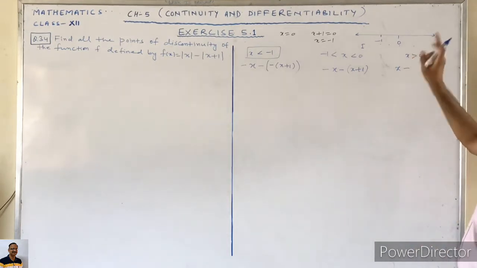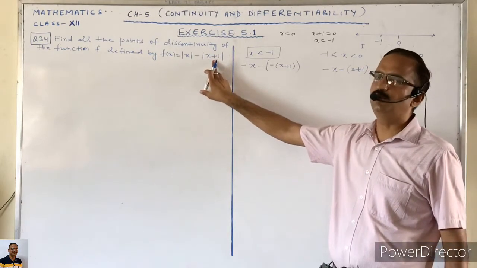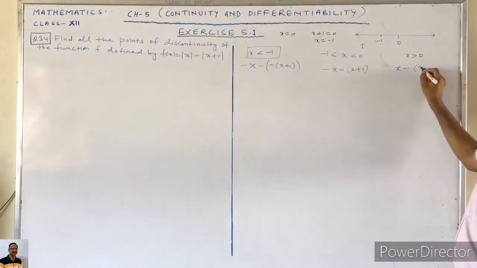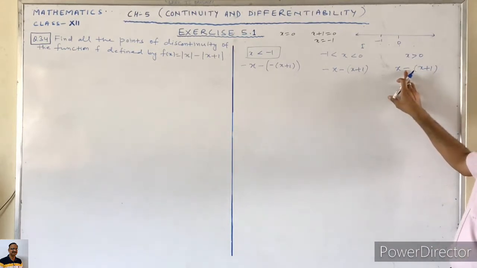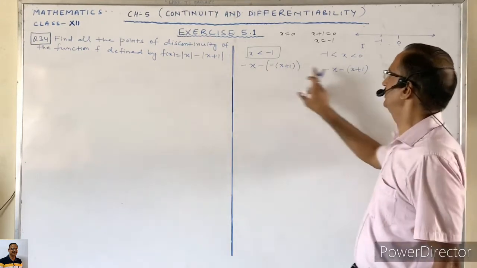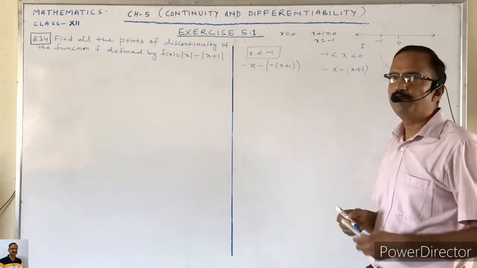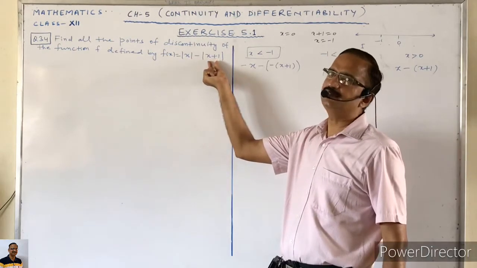Now when we put 1 in this second function, then 1 + 1 is 2. It means positive. So there is no change in the sign. This is the sign given in the function itself. So we only discuss the sign of this x and x + 1.